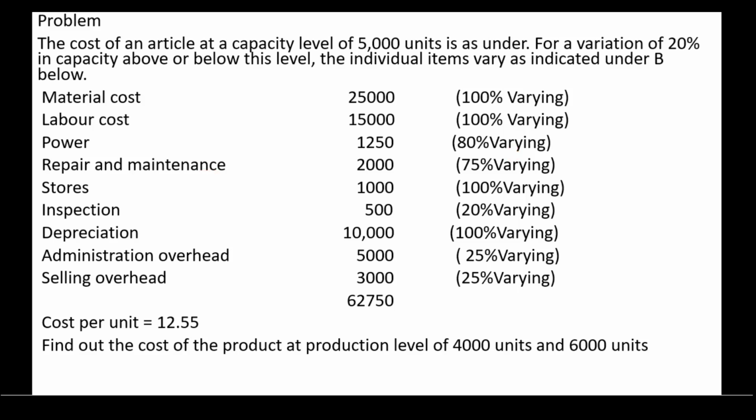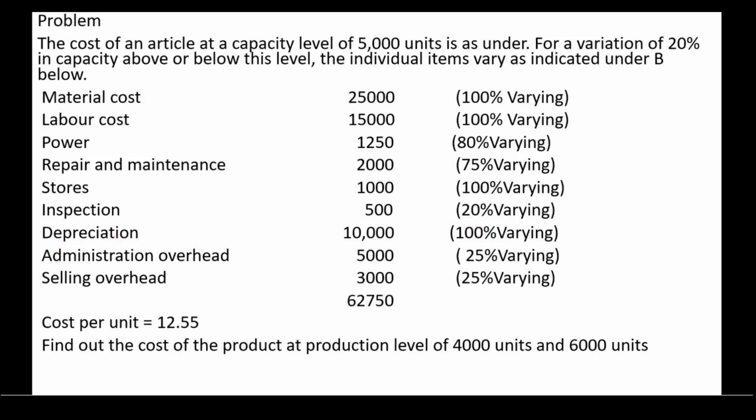Repairs and maintenance, the total amount is 2,000, and 75% is varying. The remaining 25% is fixed. Stores, the 1,000 amount is 100% varying. In the inspection, the amount is rupees 500, 20% varying, and the remaining 80% is fixed.